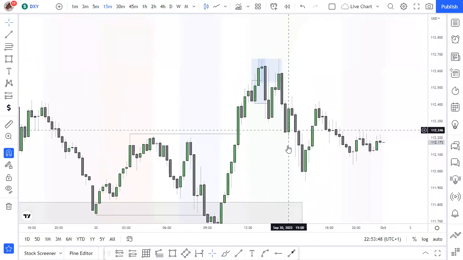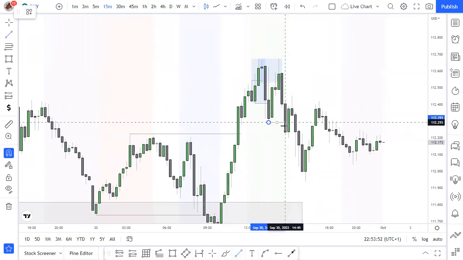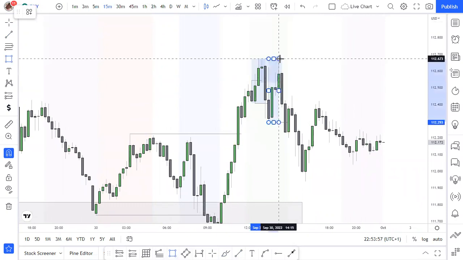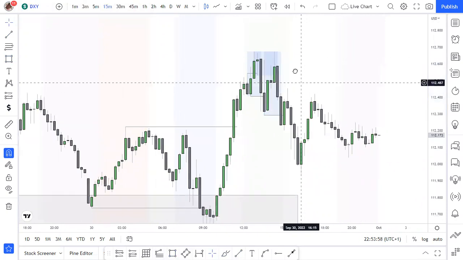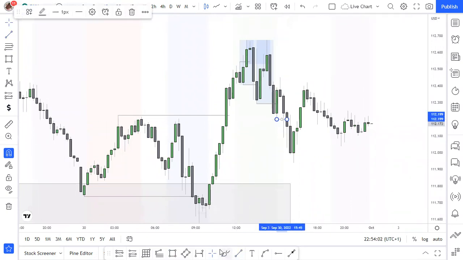So the bearish order flow just continues, like we have price respecting supply ranges, which we have another supply range here, another supply range here, and another supply range here.